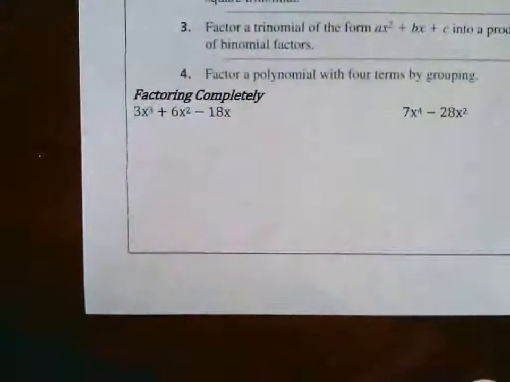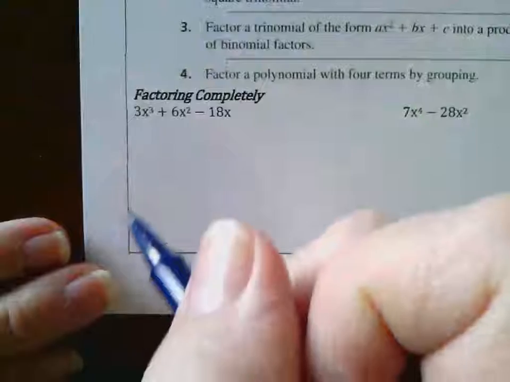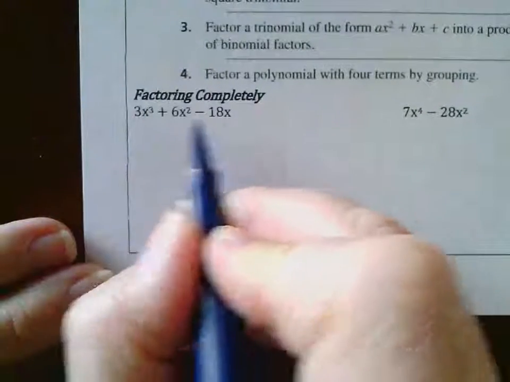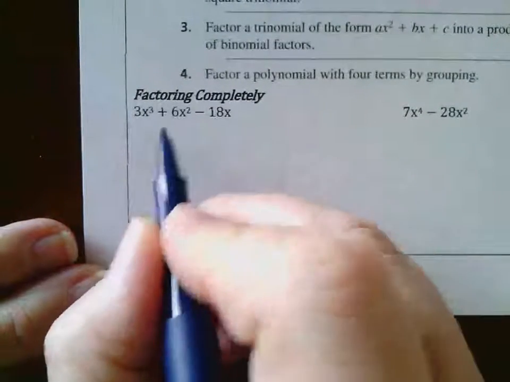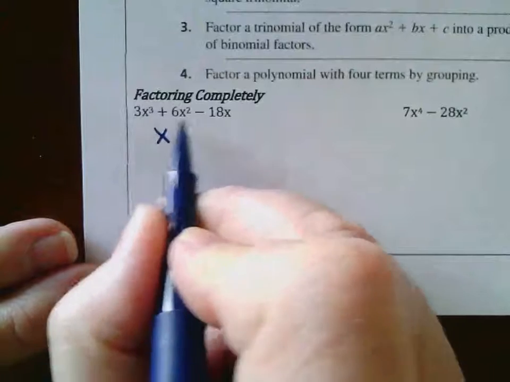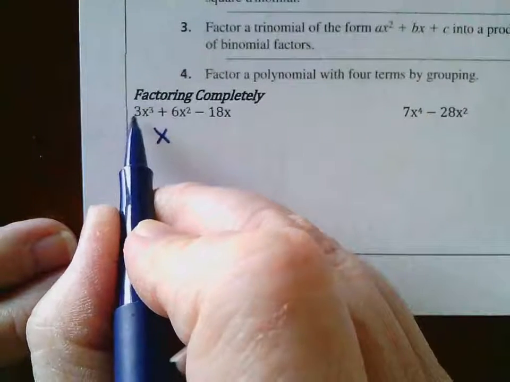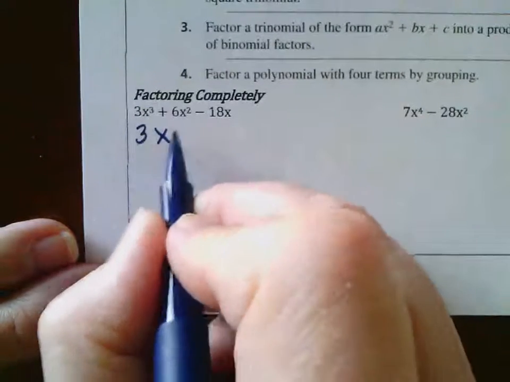Okay, let's try some. When you're factoring completely, it means as far as you can go without actually needing the quadratic formula. So if you take a look at this problem, they all have an x, so I know I can pull that out. And they're all divisible by 3, so I know I can pull that out.